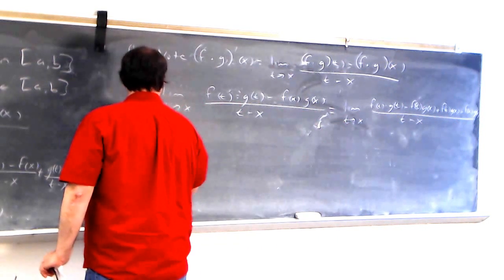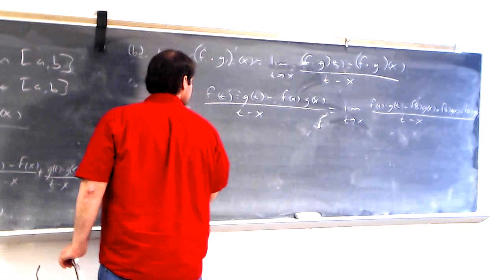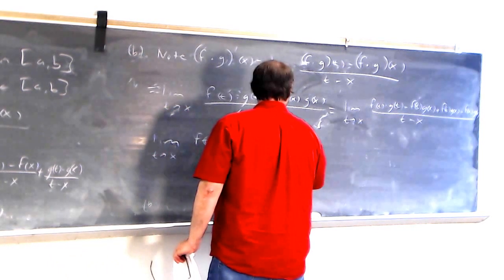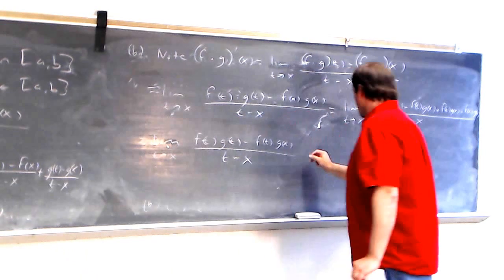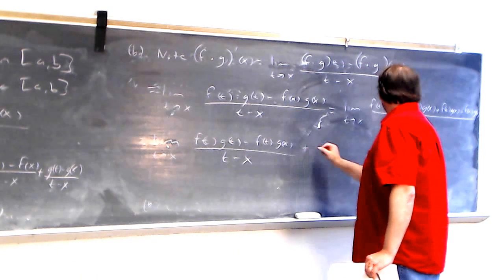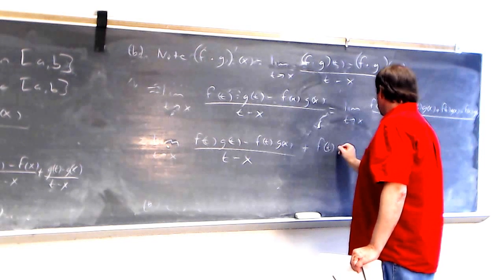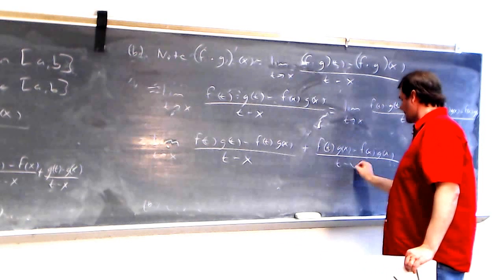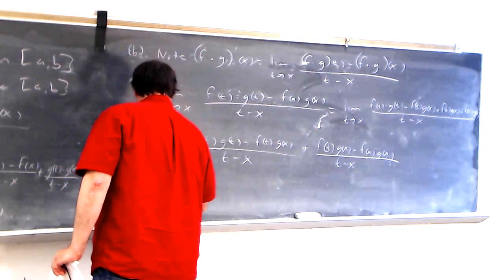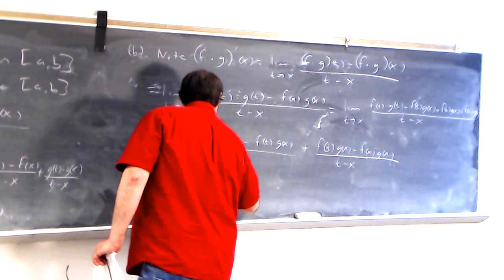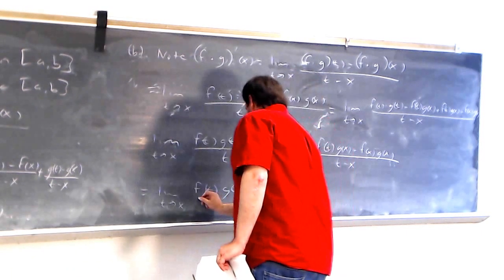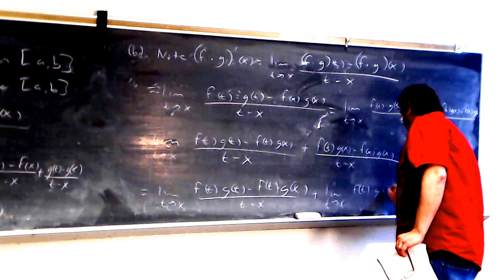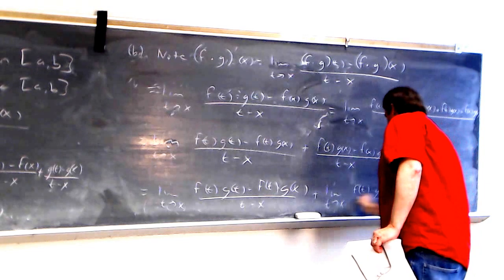That's equal to the limit as t goes to x, breaking this up as f of t times g of t minus f of t times g of x, all over t minus x, plus f of t g of x minus f of x g of x, all over t minus x, which I'll rewrite as two limits, plus the limit as t goes to x of f of t g of x minus f of x g of x, all over t minus x.